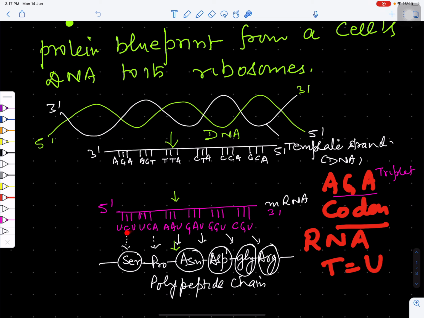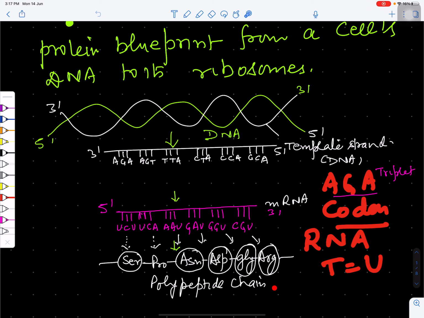These codons, which are complementary to the codons present in the DNA, will be converted into amino acids by the process called translation. Messenger RNA, ribosomal RNA, and transfer RNA help in formation of the polypeptide chain.